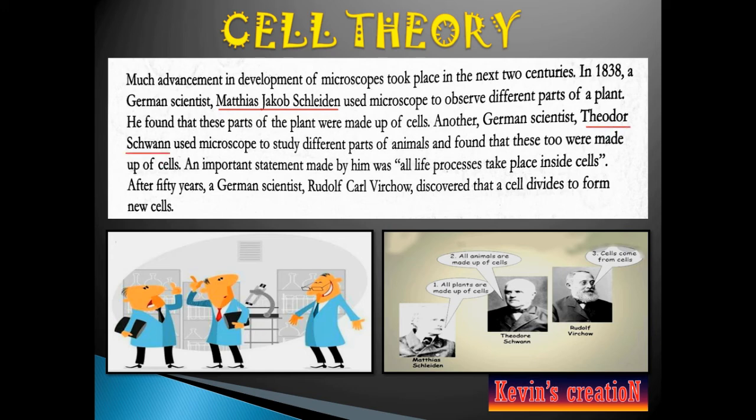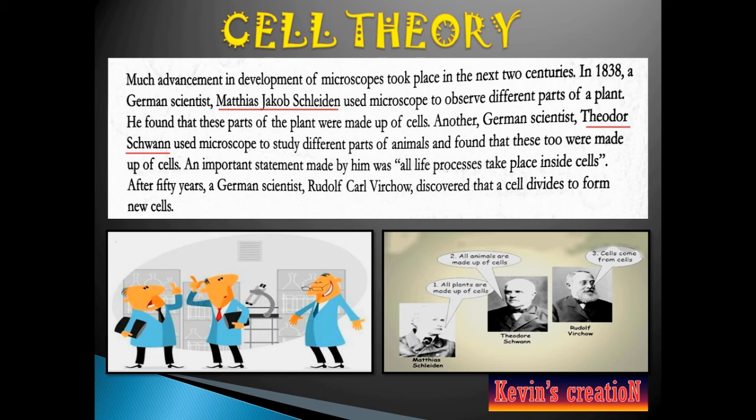Then there was another German scientist, Theodor Schwann. He also used his microscope to study different parts of animals. And then what did he say? That all life processes take place inside the cells, and he also said that all animals are made up of cells.